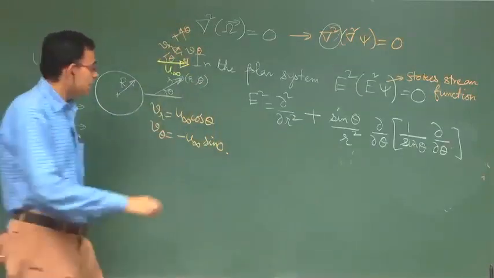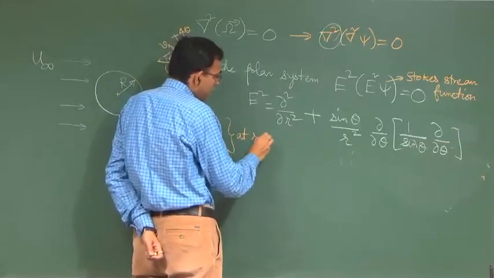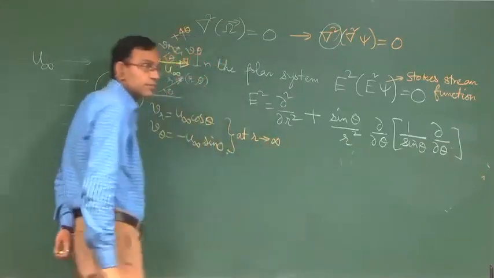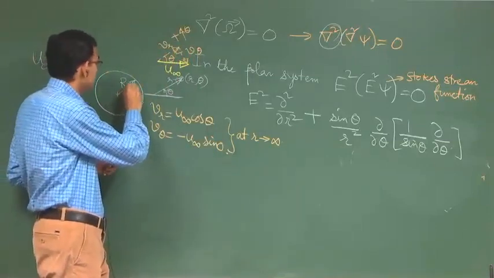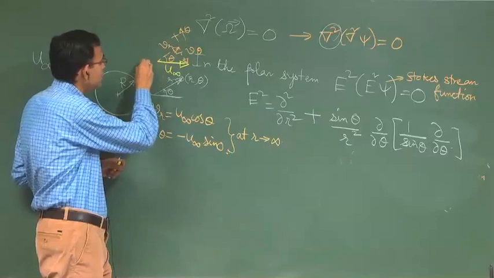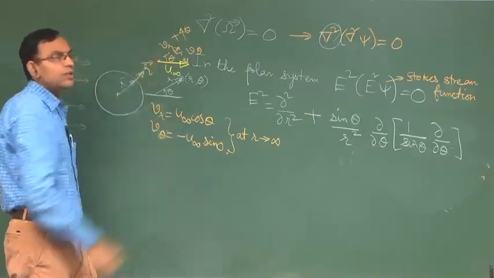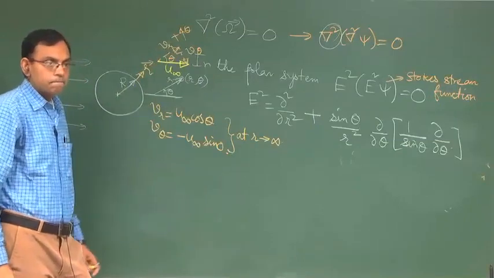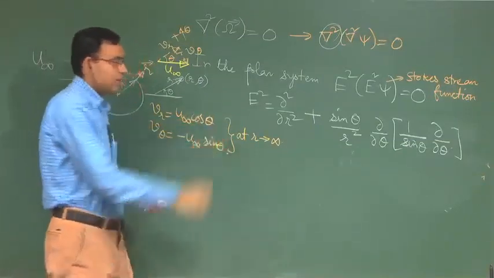These are at r tends to infinity. If you measure the radial coordinate from here, that is far away, this is what is going to happen.